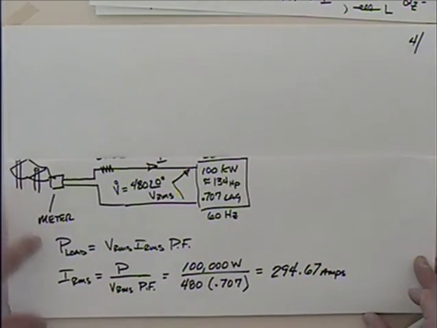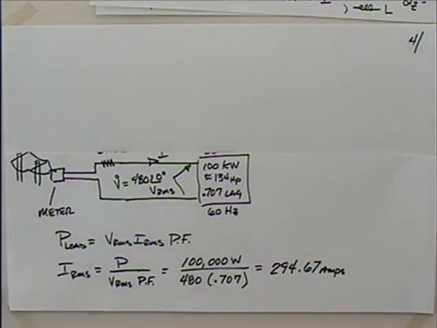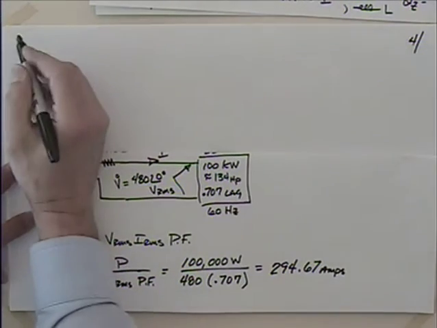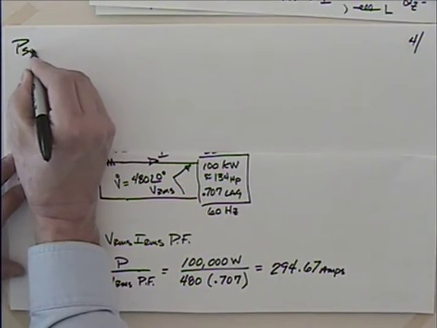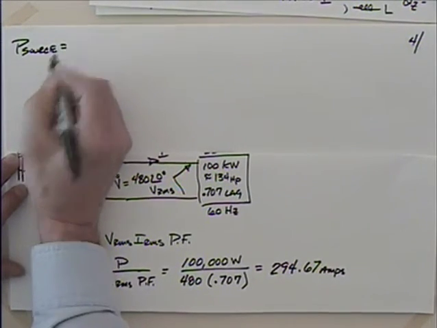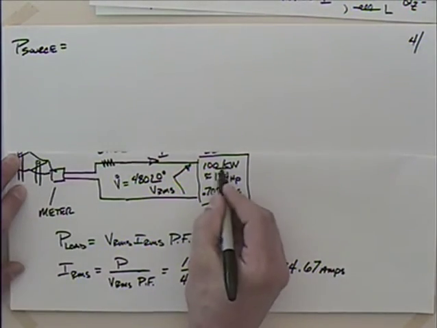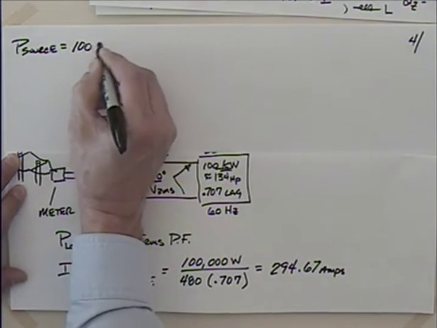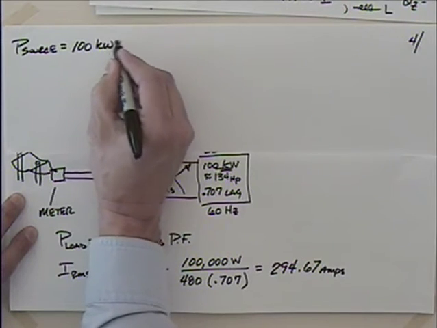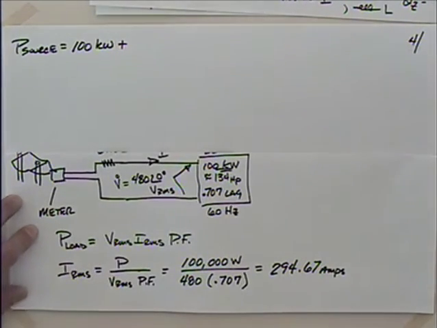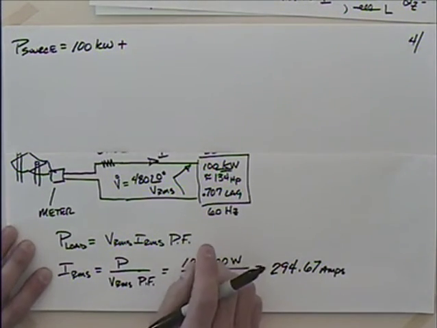Okay, so the power that we have to buy would simply be equal to the 100 kilowatts, we've got to have that, plus the power that's going to be dissipated in that resistor.